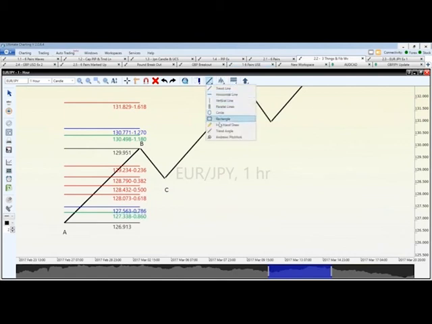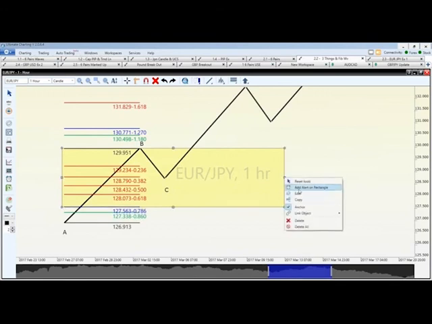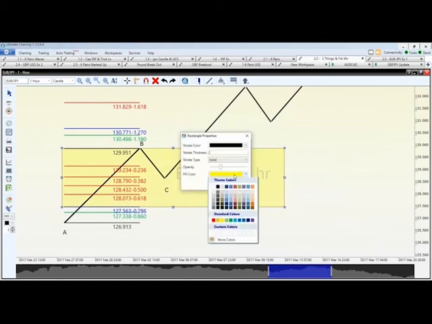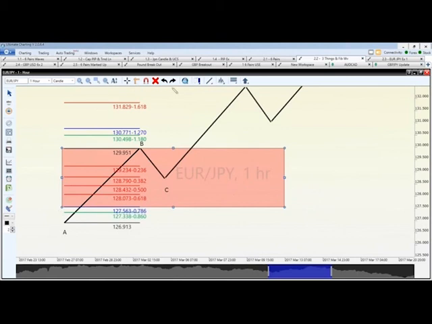We're able to take a look at it, and depending on how deep the retracement goes will tell us where the market is going. For example, in this area right here, this is what we call the red zone. I'm going to change this and make it red. The next retracement area is right below here.